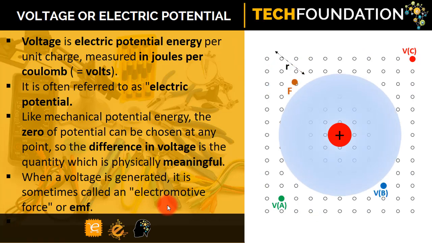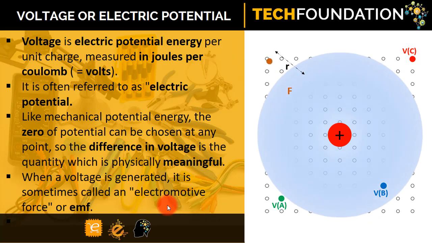So electric potential is a scalar quantity that shows how much work will be done on a unit charge at a particular point in space and in an electric field. It has units of joules per coulomb, or we also like to call it volt.